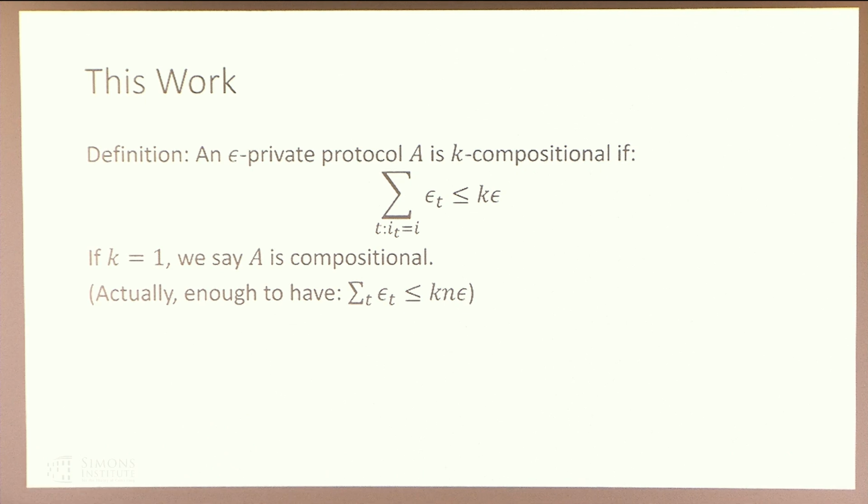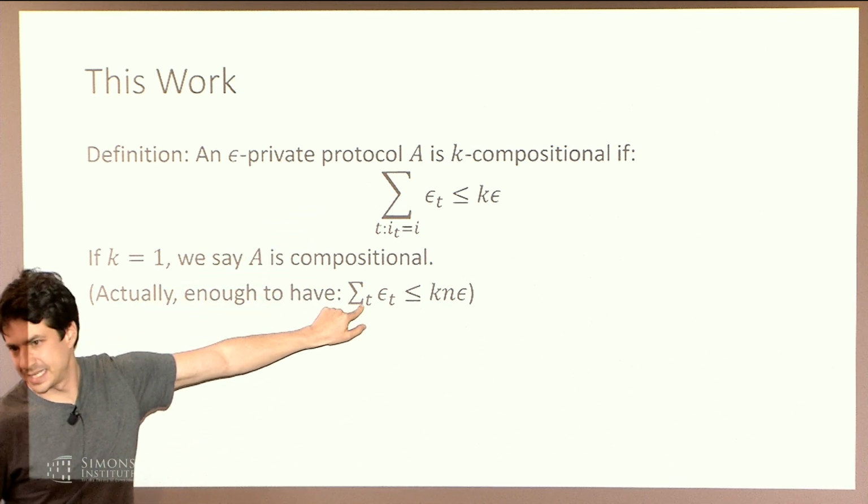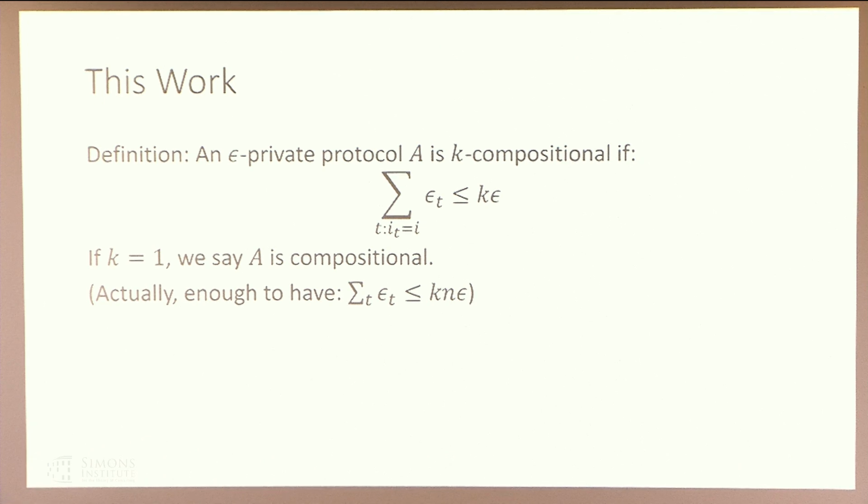And if k is 1, let's just say that A is compositional. In fact, we only really need that this holds on average. So if I just sum up all of the privacy parameters used over the course of the mechanism, it should sum up to at most k times n times epsilon.